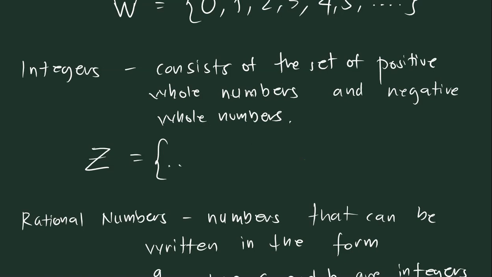So negative 3, negative 2, negative 1, 0, 1, 2, 3, and so on. So these are our integers.